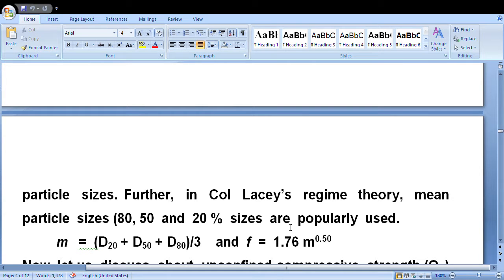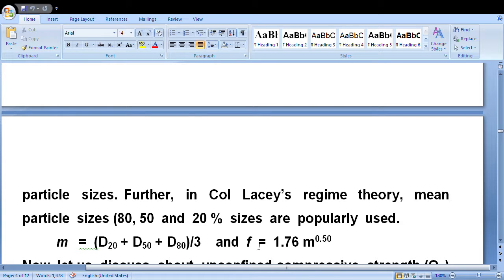These particle sizes were used by Colonel Lacey, former principal of Thomason College of Roorkee. He had studied the Sindh River, and using 80%, 50% and 20% sizes, he determined one factor, the silt factor.